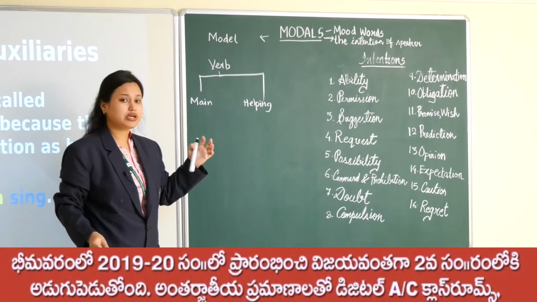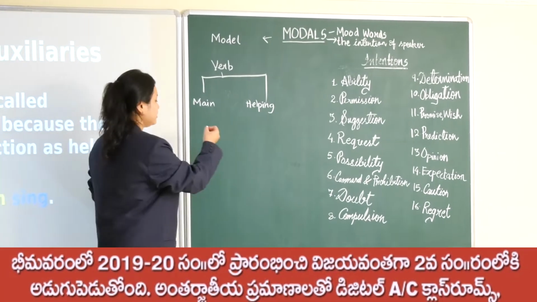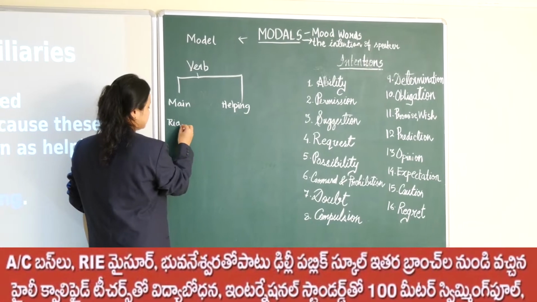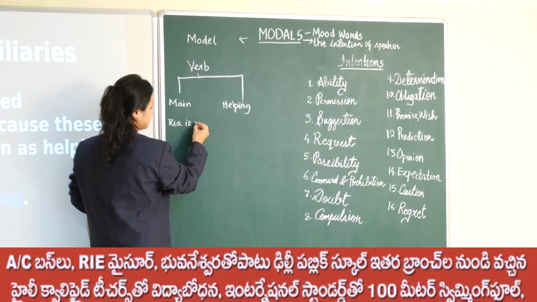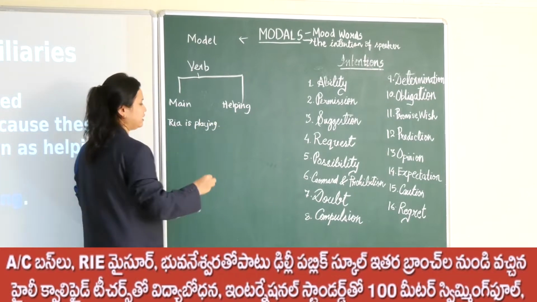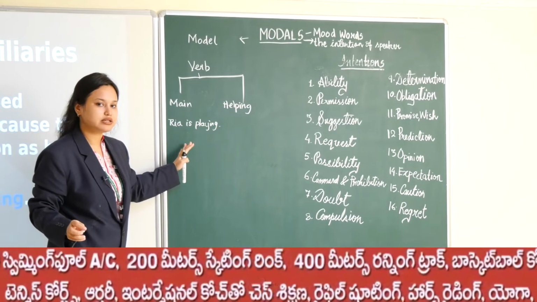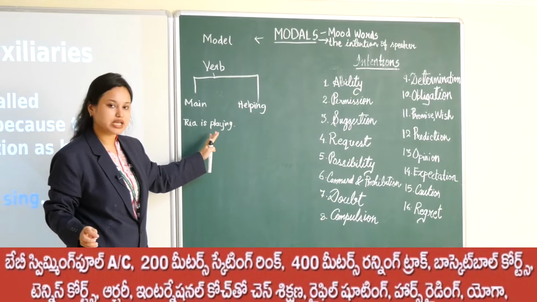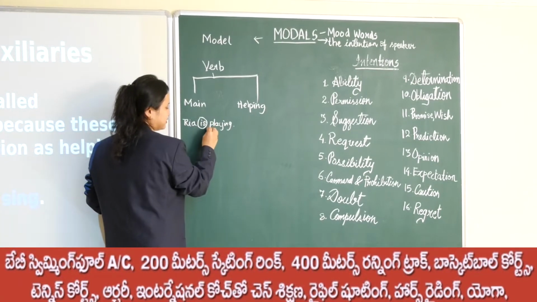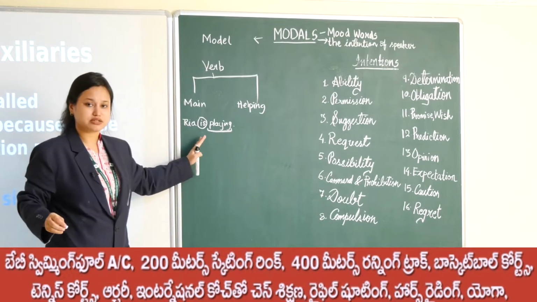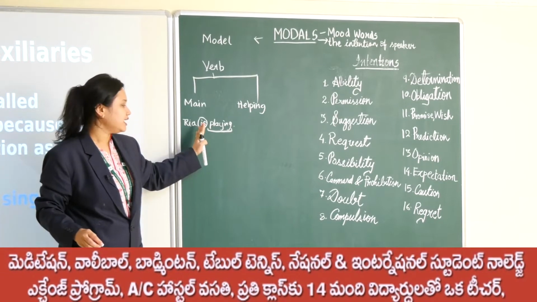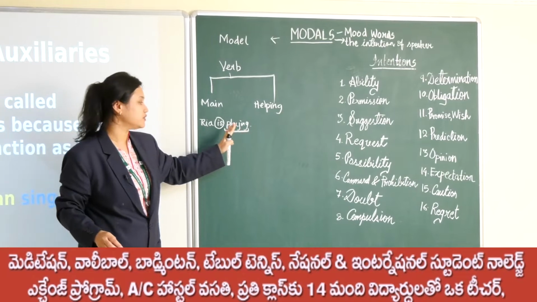So how can we say this? I am saying, Riya is playing. Riya is playing, right? Here, is and playing are both verbs. Is is also a verb, playing is also a verb.